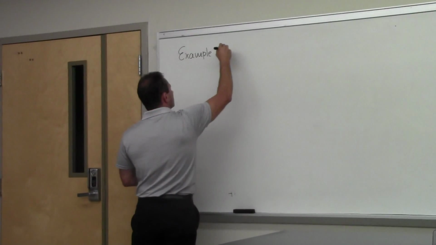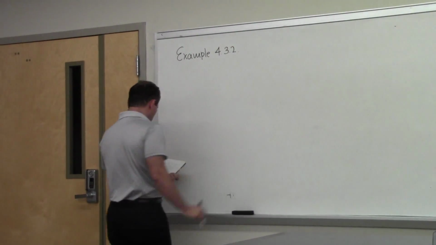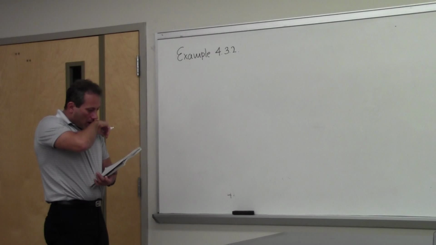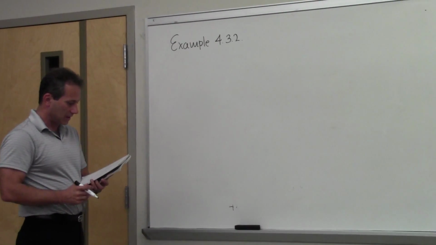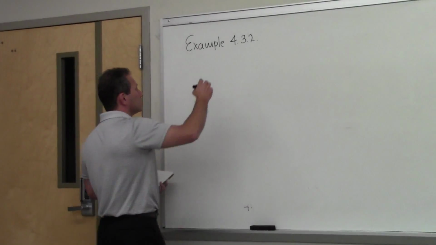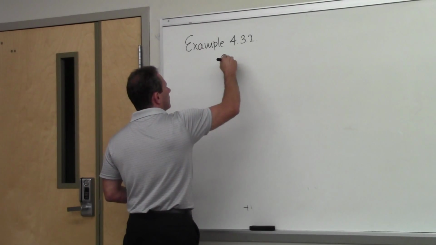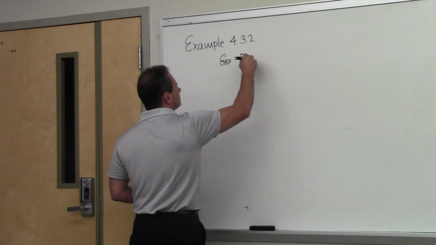Four, three, two, from the text. It says consider the system in a previous example with an LNA. So I have GRF of 50 dB.